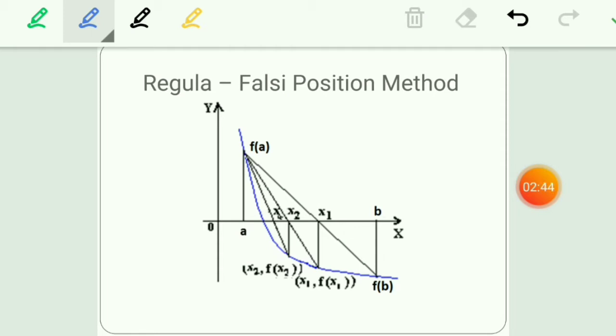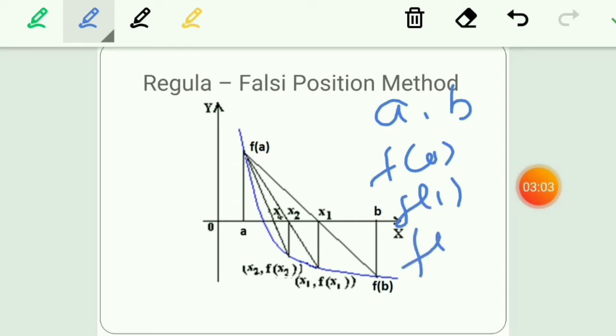Okay. Now what will I do? I do the same procedure that we did with the bisection method. First check the values of a and b, and how do we check it? With random calculation. First we check f of 0, then f of 1, then f of 2, and where we get alternate signs, suppose this is positive and this is negative.